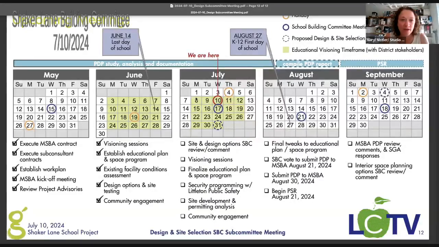Because what has to happen before we submit the PDP to the MSBA is we need approval, a vote to say that the SBC says, yep, we're good, we want this, and the SBC approves us to submit it to the MSBA. So how many people? I realize that summer is August. So what's the count that we need to have for a quorum? Ryan, do you have an idea?